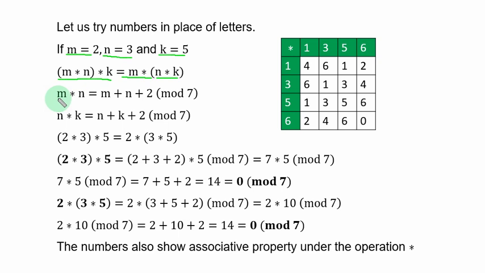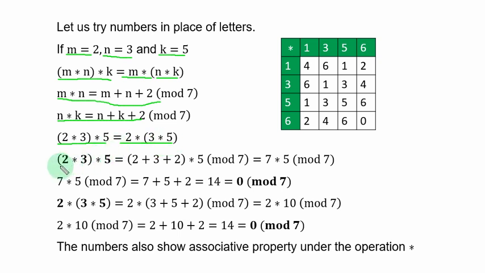Already we've defined m asterisk n as this and n asterisk k as this. Using the numbers, we therefore have bracket open 2 asterisk 3 bracket close asterisk 5 is equal to 2 asterisk bracket open 3 asterisk 5 bracket close.